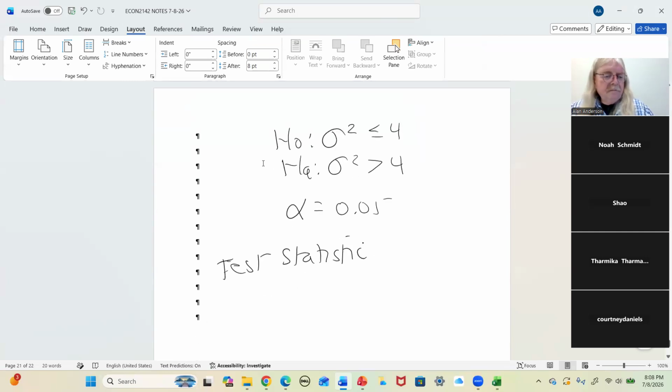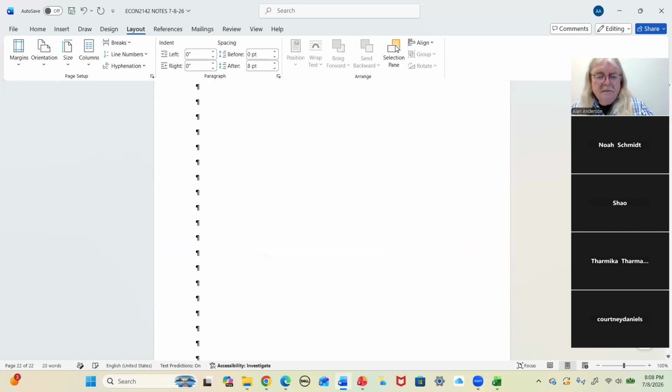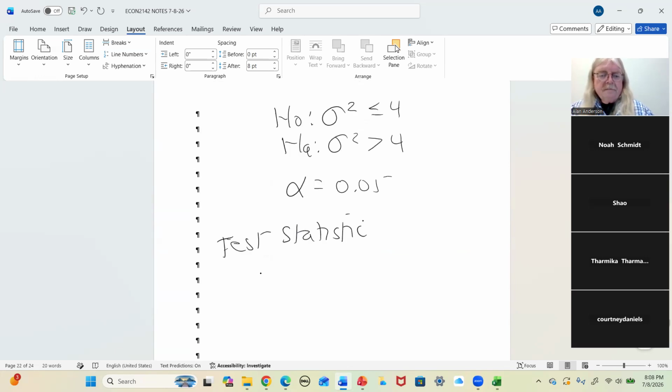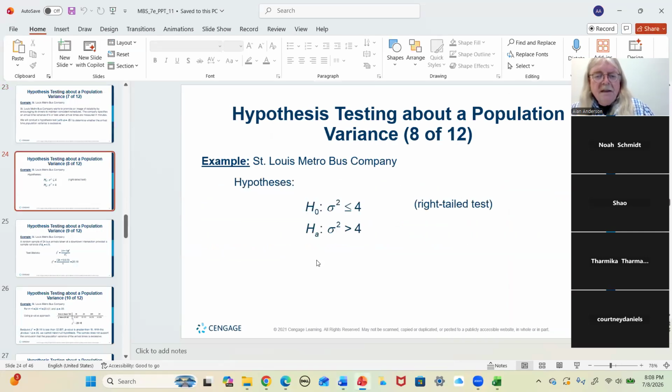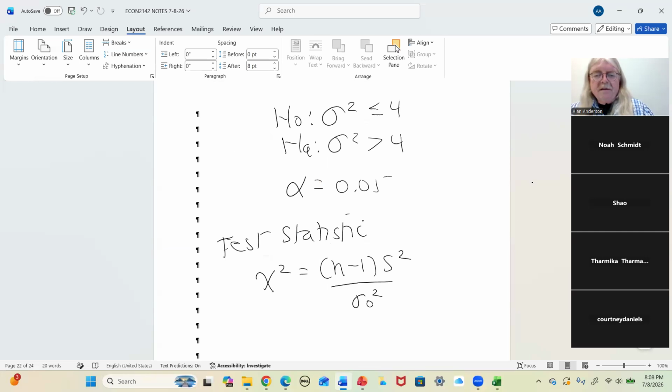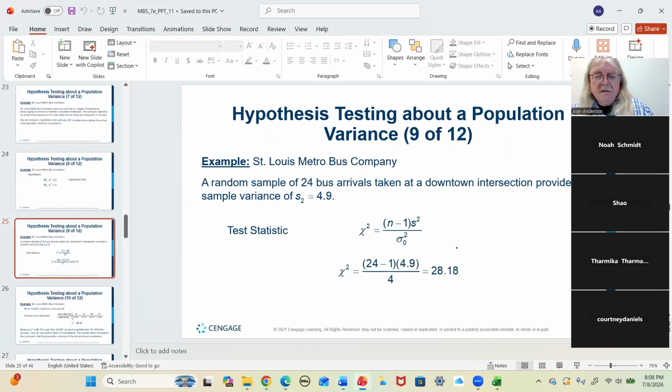Now, what else are they telling us? The sample of 24 buses is taken, and the sample standard deviation is, oh no, sorry, this is a typo.